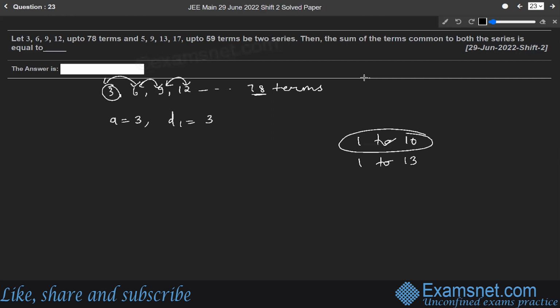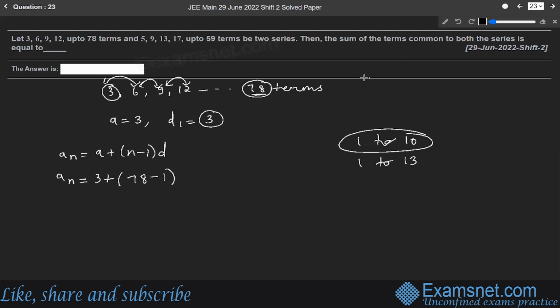What is the formula to find the last term? It is an is equal to a plus n minus 1 into d. A is the first term, n is the total number of terms, and d is the common difference. So an will be equal to a, what is a here? 3, plus n minus 1. Total number of terms here are 78. So 78 minus 1 into d. D is the common difference.